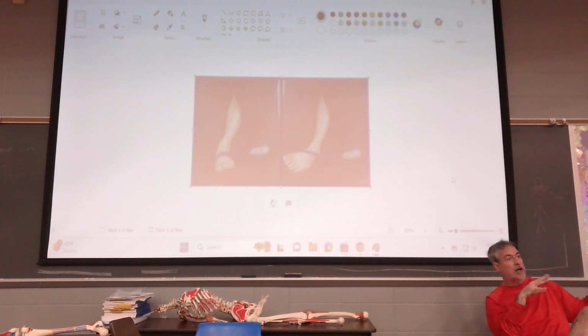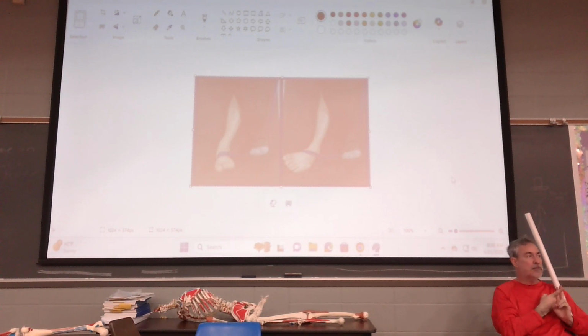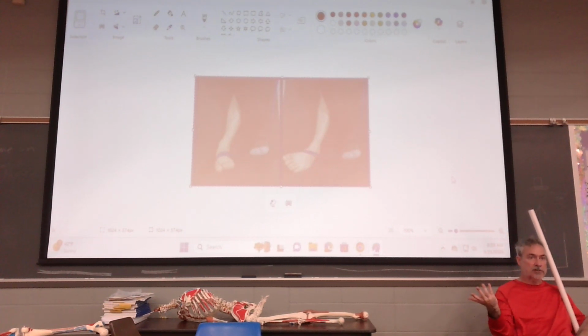Okay. So now what I'd like for us to do is have a discussion about what's responsible for each of those four phases. Speeding up my hip flexion, who would do it and how? Slowing down my hip flexion, what speeds up must slow down, who would do it and how? Speeding up my hip extension, who would do it, how? Slowing down the inevitable hip extension, who would do it and how? When I say who would do it, that's my agonist. And the how is the contraction type.